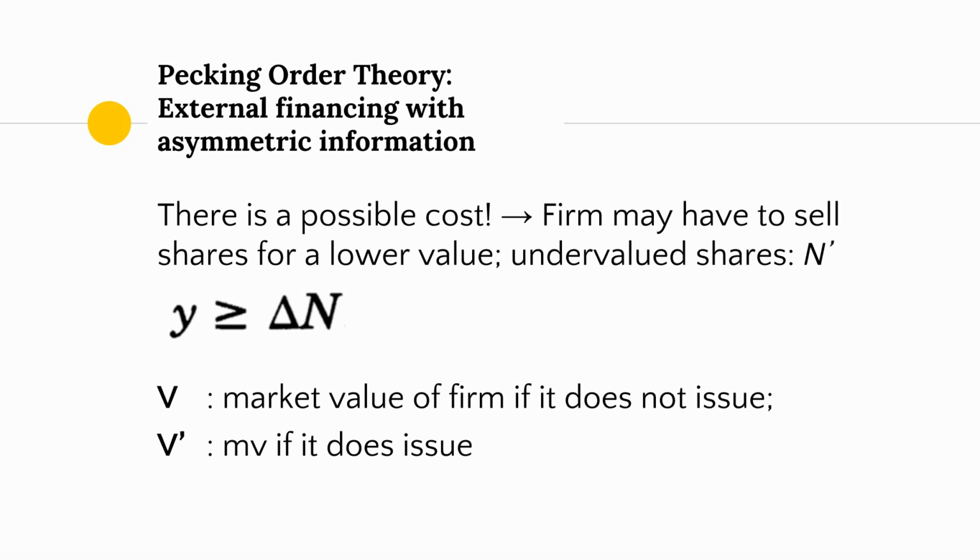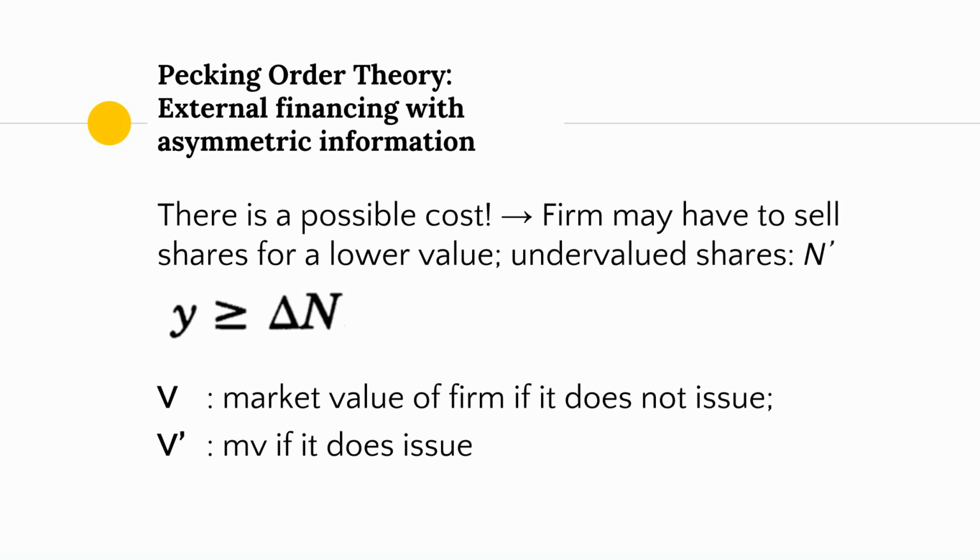Now, define delta N as the amount by which shares are over or undervalued. So you can imagine delta N being N1 minus N. The manager will issue and invest when the net present value of the project is greater than or equal to delta N, the amount by which shares are over or undervalued.